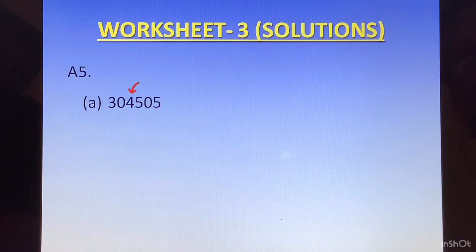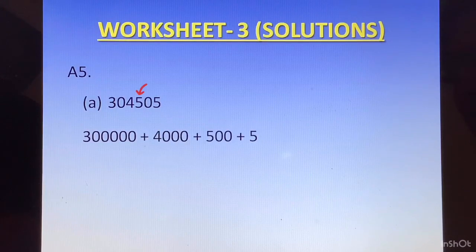So 4 has how many digits on the right? 4 has 3 digits. So we will follow 4 with 3 zeros. Then 5. 5 has 2 digits. It will become 500. Then we'll skip the 0 and write 5 directly. So this gives us 3 lakhs plus 4,000 plus 500 plus 5.